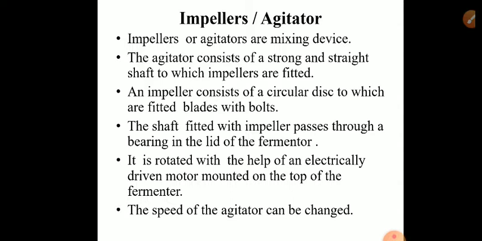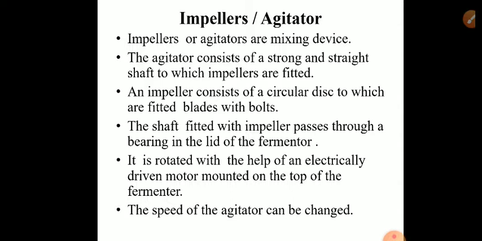When we add fermentation media, the substrate or raw material, certain antifoam agents or intermediate nutrients, and we inoculate, everything we add needs to be mixed properly, especially if we are blowing air inside the vessel.